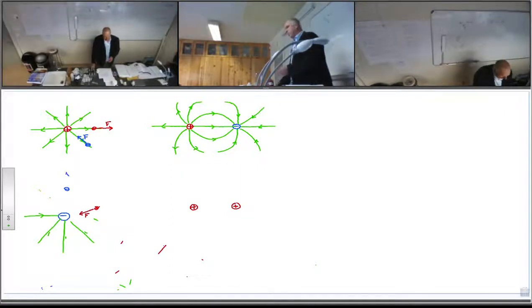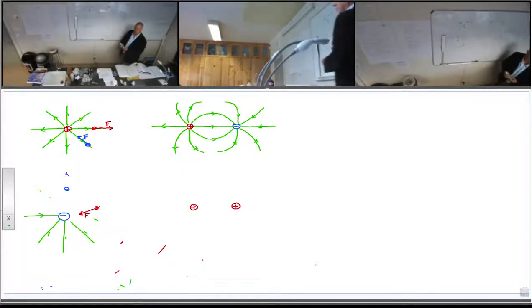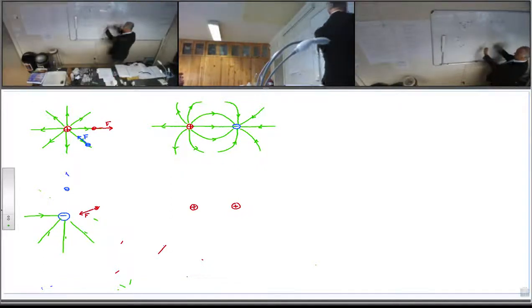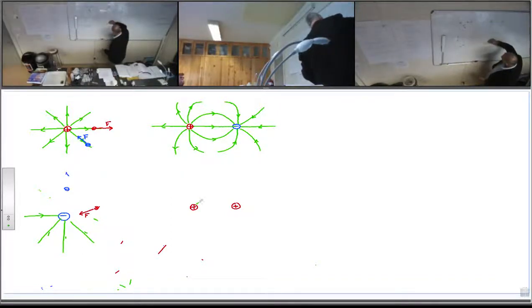Right, what would happen in the following situation? How's that force pattern going to look now, the field pattern? They all flow out, don't they? So this one and this one are going to cancel each other. You're not going to get anything there. These two are going to repel. You agree?